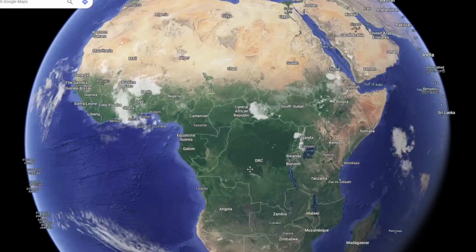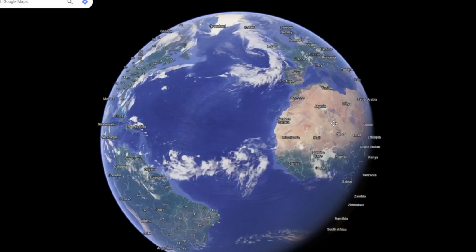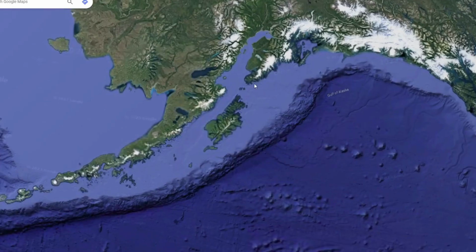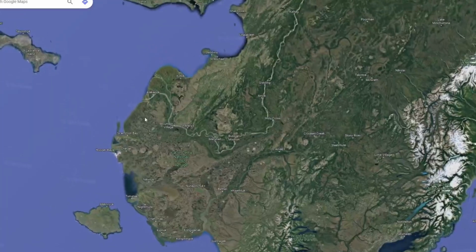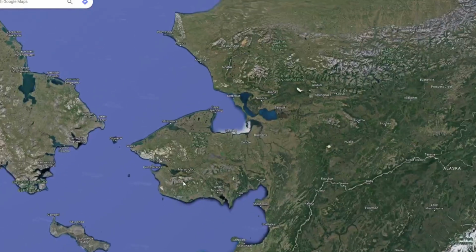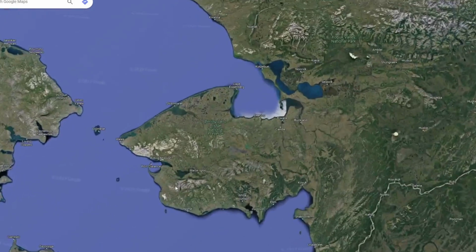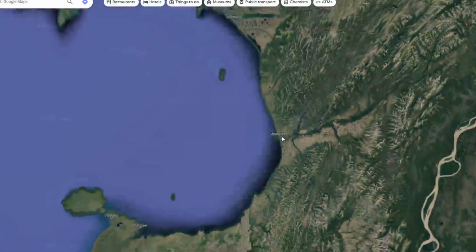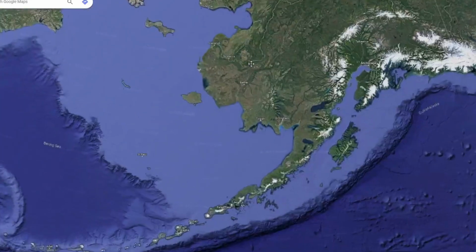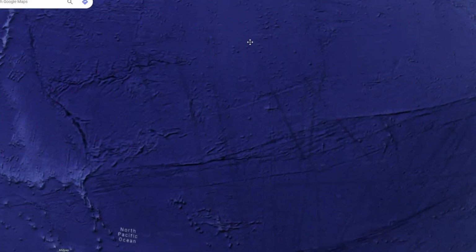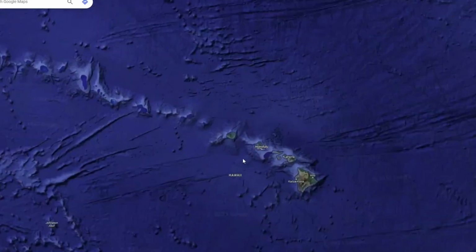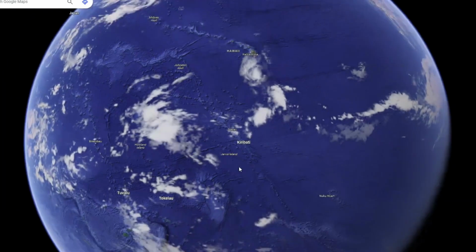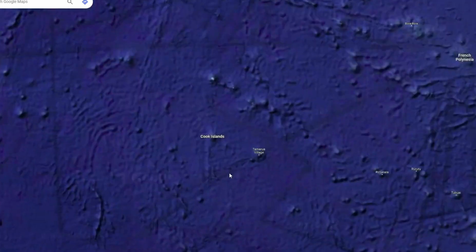If we go all the way around the other side to Alaska, I believe this Unalakleet place might be somewhere up around here. It's been a while since I actually drew this. So this was all the positions I could find at those particular coordinates. And there's Hawaii right there, and if we keep going straight down, we've got Cook Islands below.